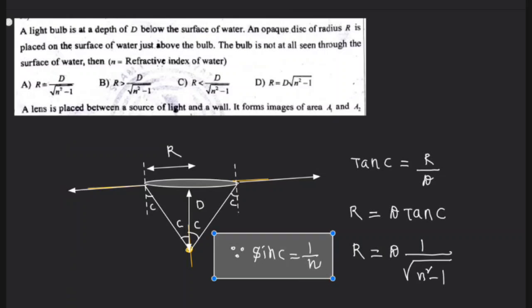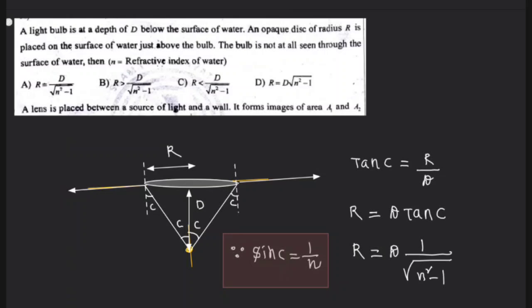From where? From the critical angle formula, sin C is equal to 1 by n. From here you can write the formula. You have to keep sin C equal to 1 by n in mind.